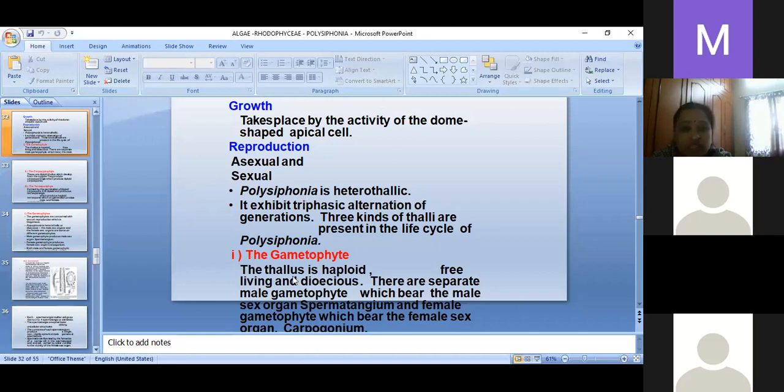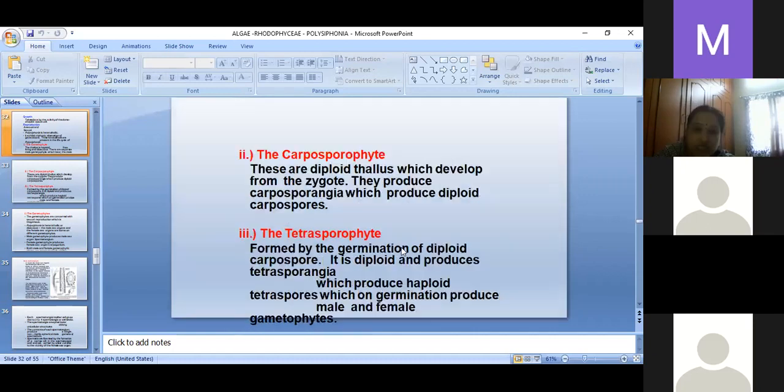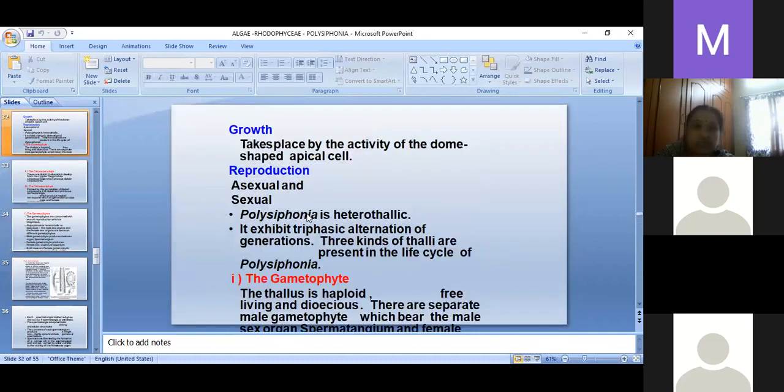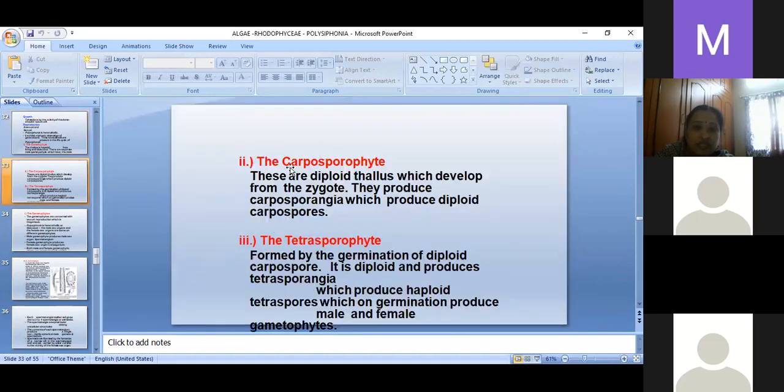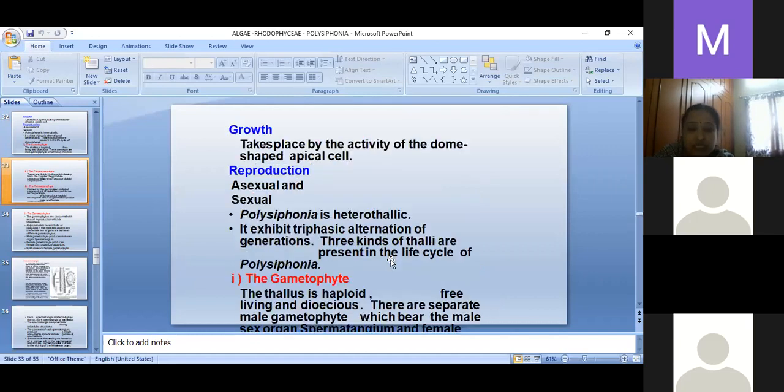The first phase is called the gametophytic phase, the second is the carposporophyte, and the third phase is the tetrasporophyte. You can't write here asexual reproduction in Polysiphonia, sexual reproduction in Polysiphonia, not like that. Here Polysiphonia is dioecious.